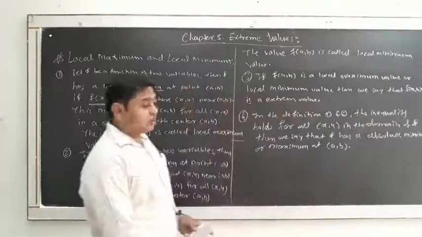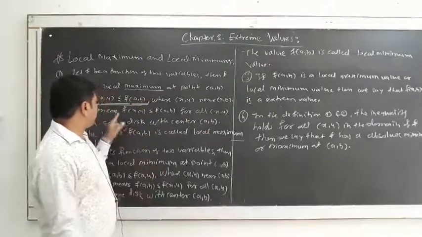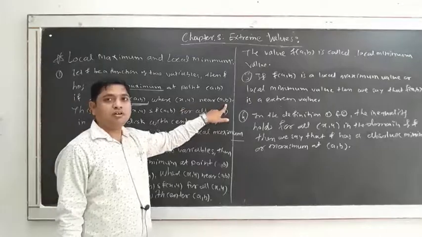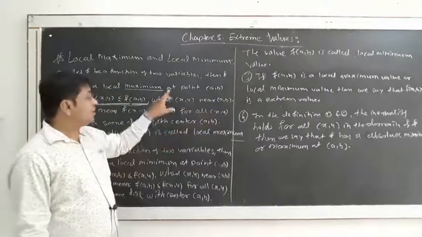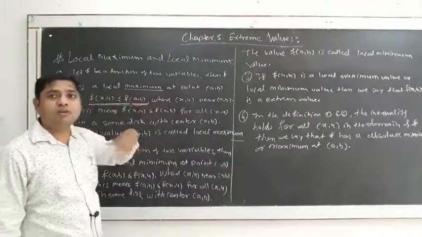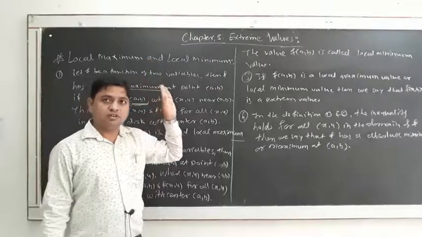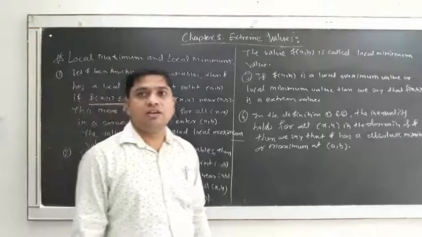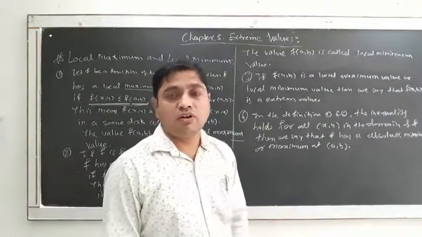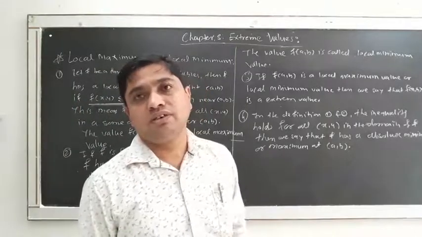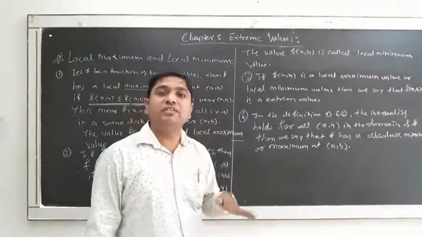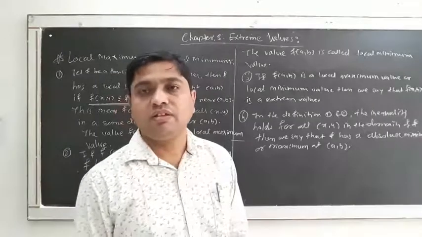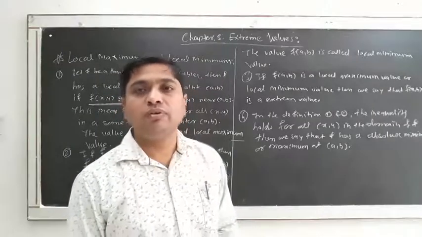That means this inequality had a restriction to near (a, b) or in the disk. But if this inequality holds for all values of (x, y), for all values of the function, then we say that this is the absolute maximum or absolute minimum.